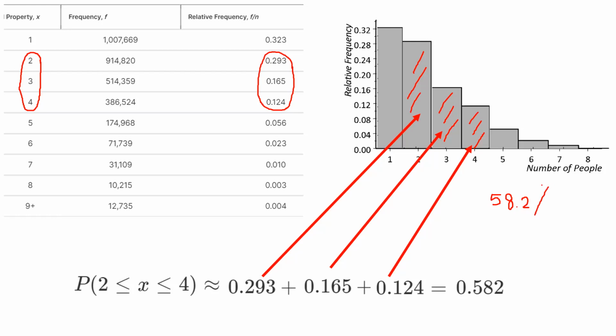Here, the majority of properties are occupied by 2 or 3 or 4 people if we add them all together. And please note that if there was no equality here, you're basically finding the probability that x is bounded between 2 and 4, which is going to be the probability that x is equal to 3. Let's be careful about these symbols.